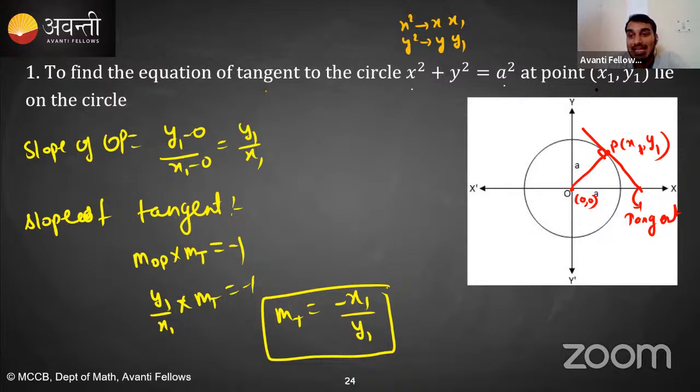Yes or no? Given that the point (x1, y1) is lying on the circle, you can replace x² with x·x1 and y² with y·y1, and exactly you will get the equation of the tangent. Is that clear?